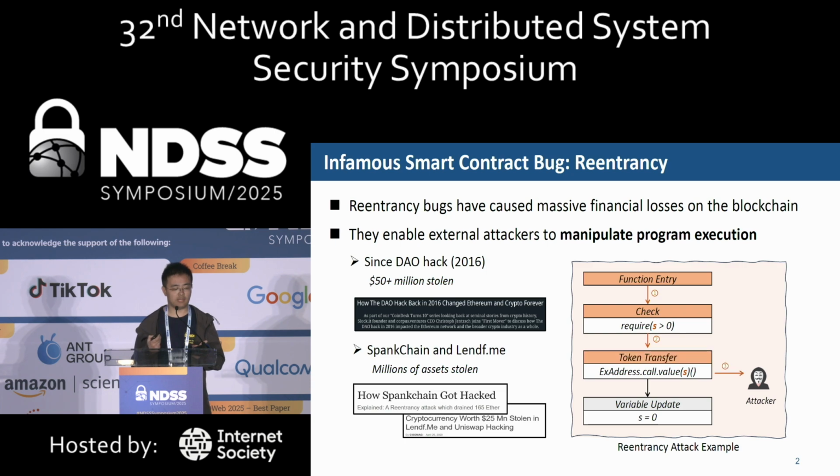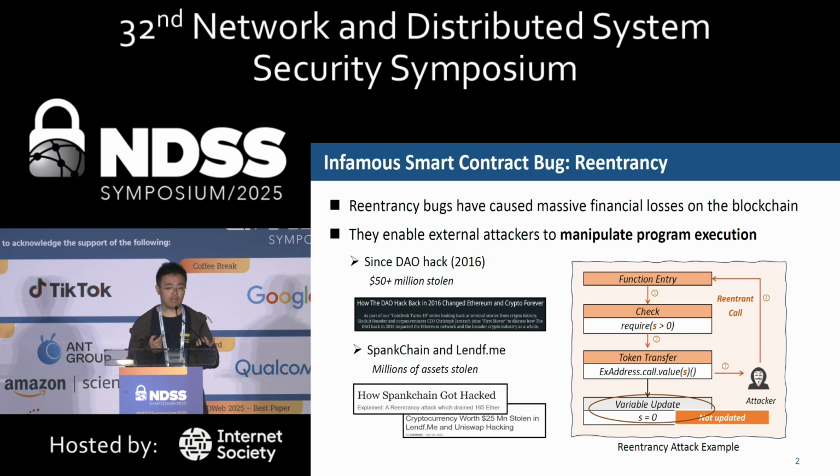Step 3, the function transfers money to the external attacker, and before the variable s gets updated, the attacker calls the function again. Since the variable s still hasn't changed, the function passes the checks and also transfers more money to the attacker.